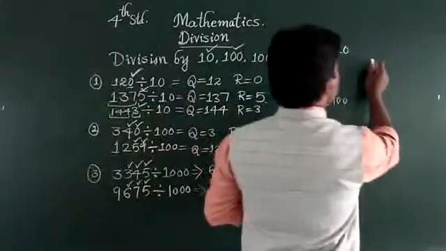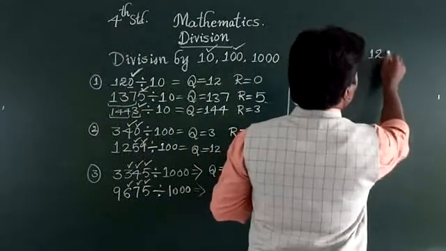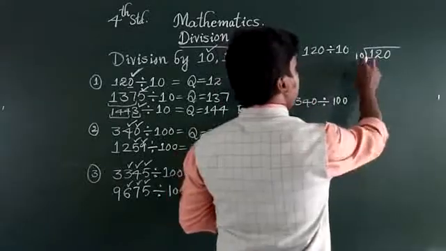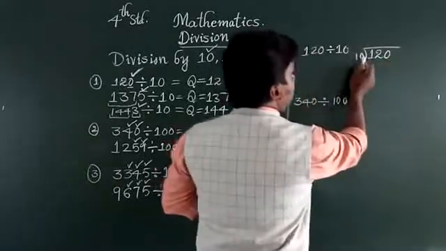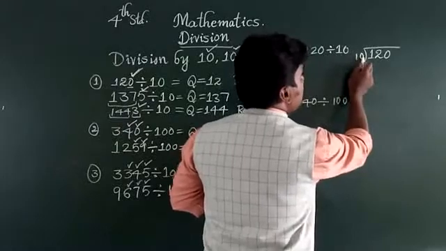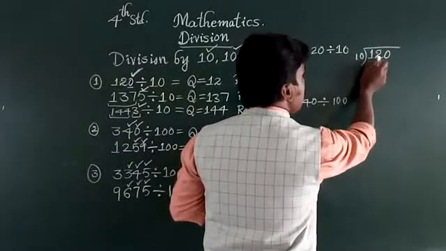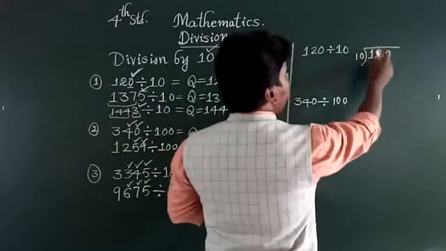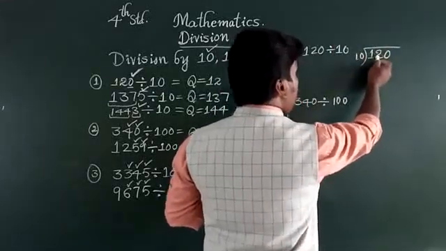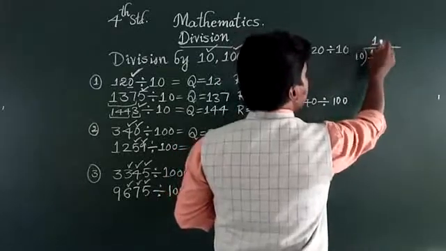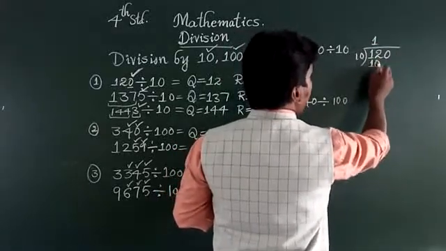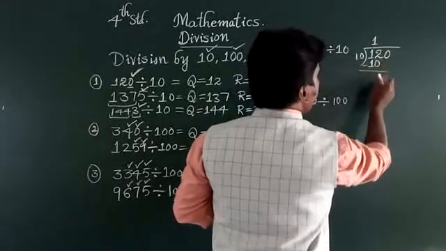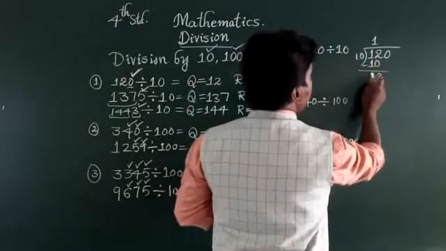So 120 is the dividend and 10 is the divisor. You write the quotient here. Now it has 2 digits, so you take 2 places, that is 12. Multiples of 10, which is less than or equal to 12? That is 10 ones are 10. Subtract: 2 minus 0 is 2, 1 minus 1 is 0.